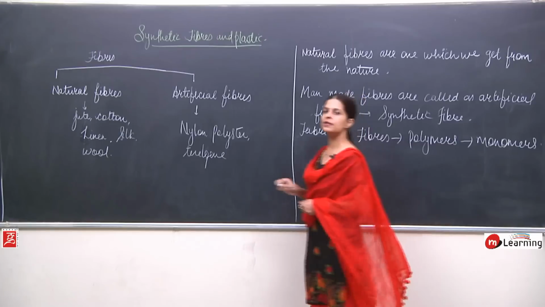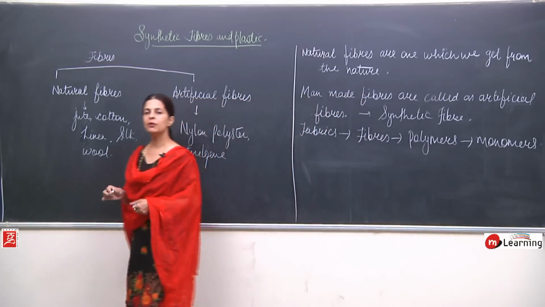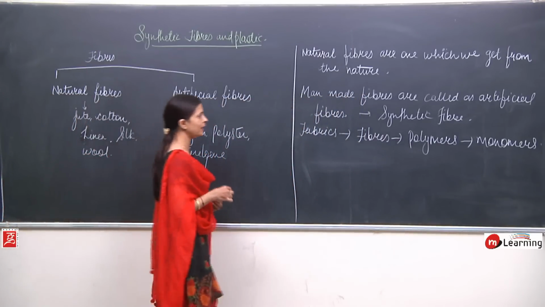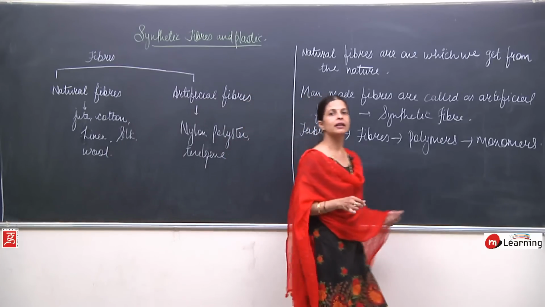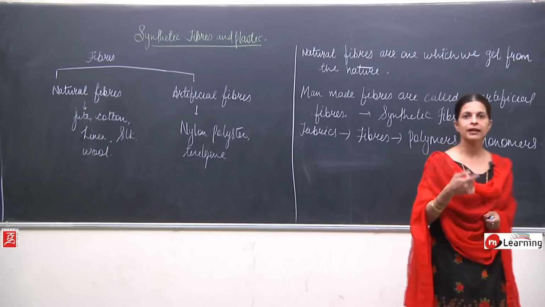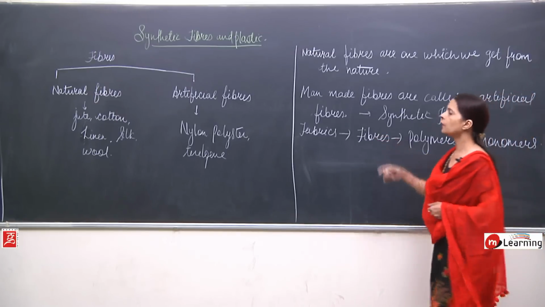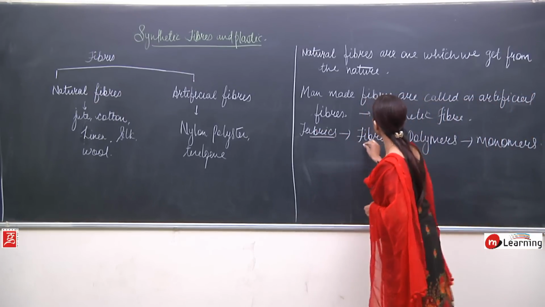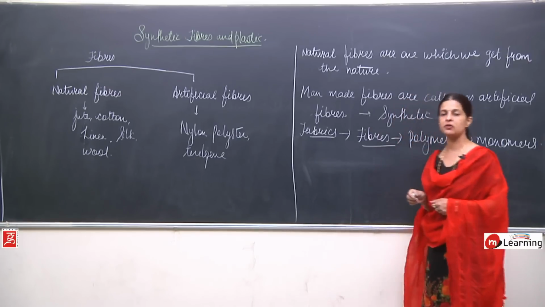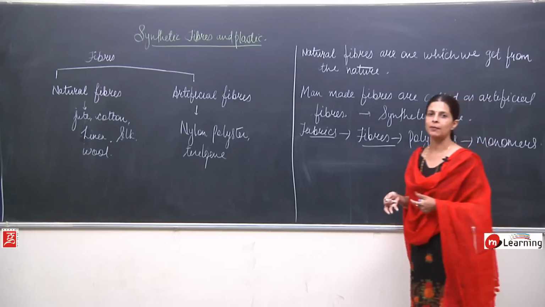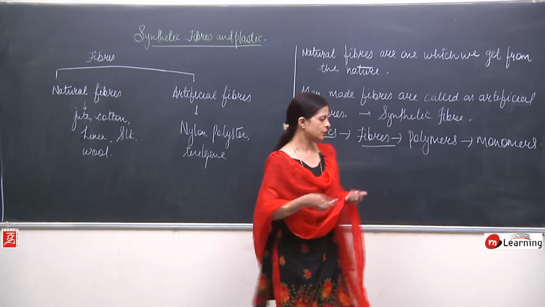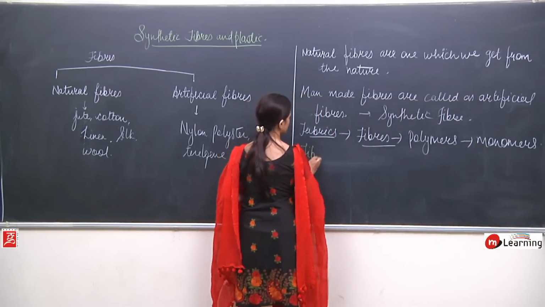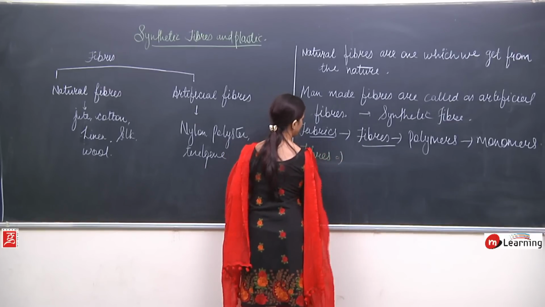That means the monomer is the smallest unit. Many monomers combine to form a polymer, and polymers combine to form fiber, and fibers are knit together to form fabric. We understood the meaning, but how can we define fiber? What is fiber?